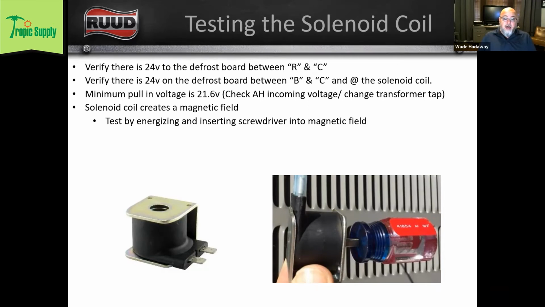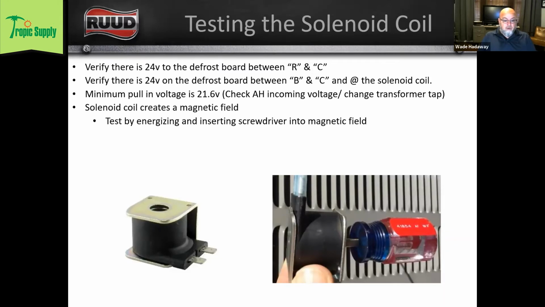And you got to verify that there's 24 volts in heat mode between B and common. So if we got 24 volts to the reversing valve and we've got 24 volts to the solenoid, the valve should be shifting.